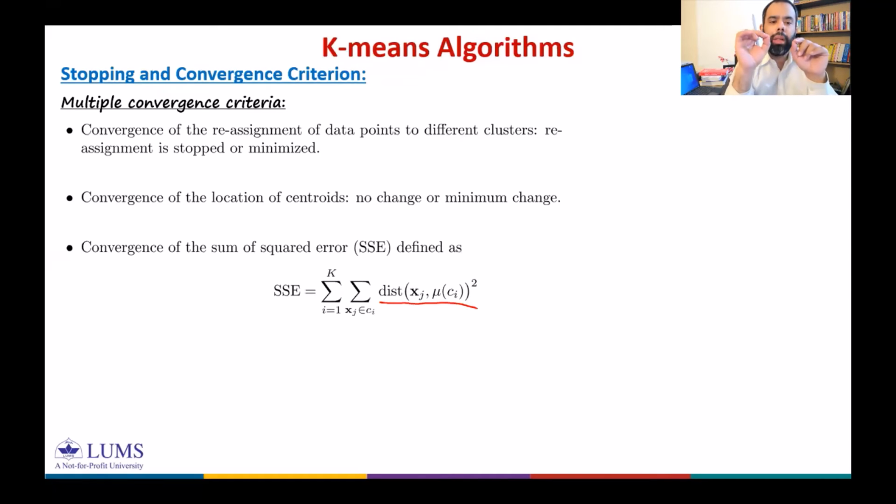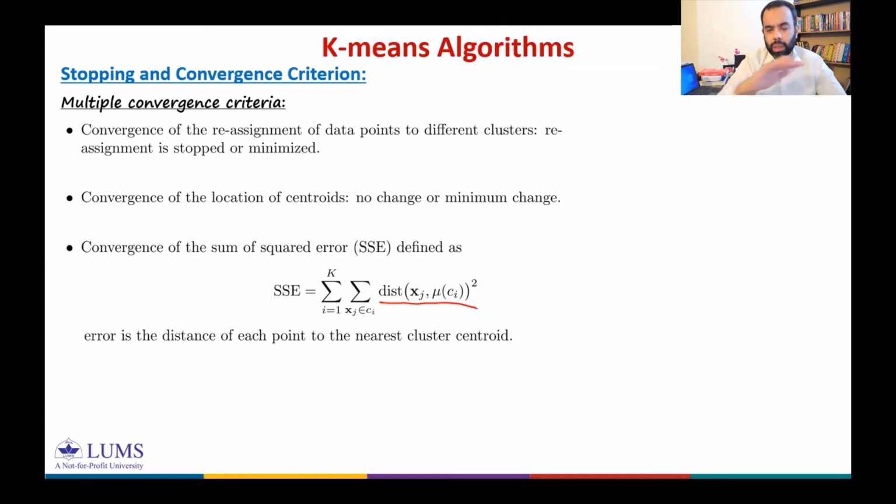When you square it, and we sum over all the clusters, what we get is a measure of spread of the points around each centroid of the cluster. So once the reassignment has stopped and the location of the centroid is not updated, SSE would also converge to some value.